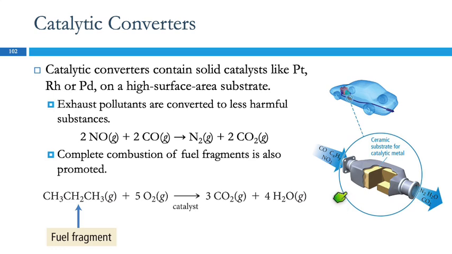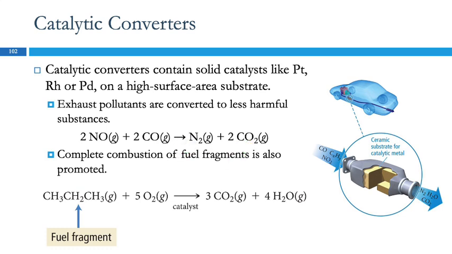So what happens in the catalytic converter is that you have the combustion products from the gasoline coming through here, and we're going to take NO and CO, nitrogen monoxide and carbon monoxide, which are somewhat harmful, and we can convert them into less harmful substances, nitrogen gas and carbon dioxide gas.